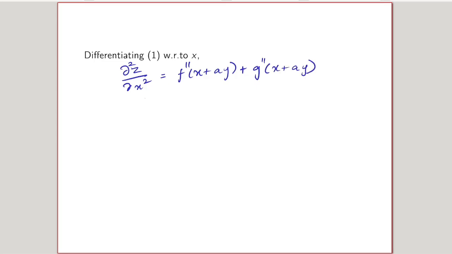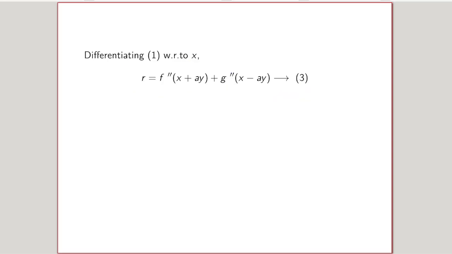So this term is nothing but r. r is equal to f double dash of x plus ay plus g double dash of x minus ay. This will be our next equation 3.